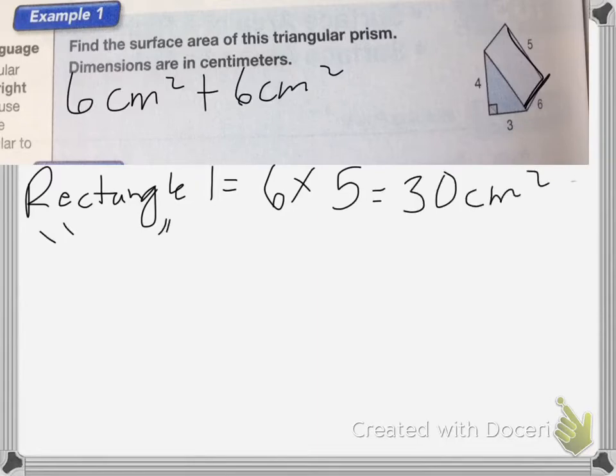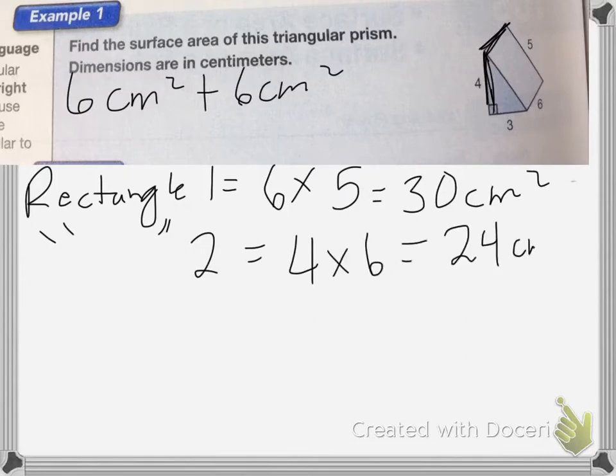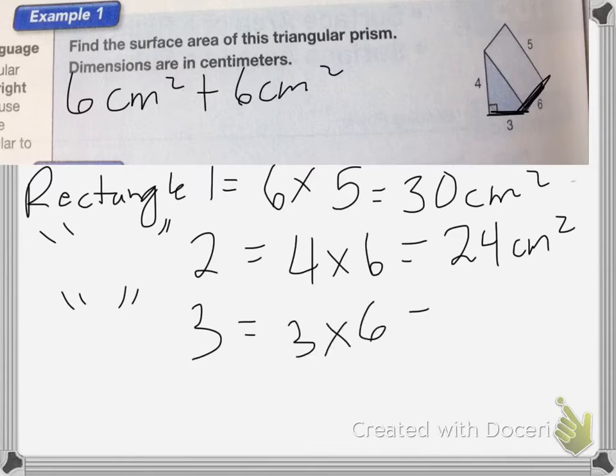Rectangle 2, which would be in the back, would have to be 4 times 6, which is equal to 24 centimeters squared. And then rectangle 3, which is on the bottom, would have to be 3 times 6 as length times width, which is equal to 18 centimeters squared.